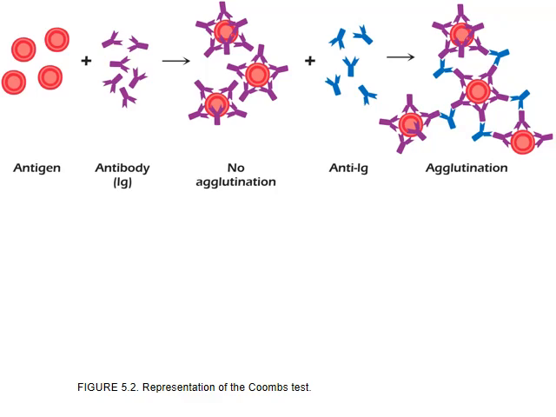So you can see from here, we'll give you a bunch of antibodies, and they will tag onto your cells. If there is no agglutination, for example, we'll give you three: anti-A, anti-B, anti-AB. This means you are negative for all three.